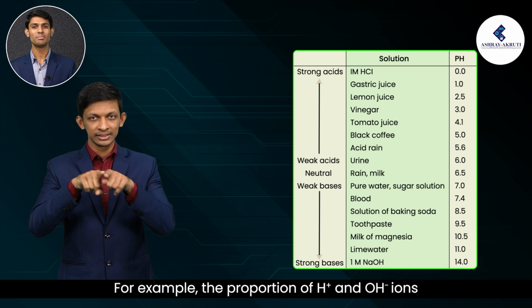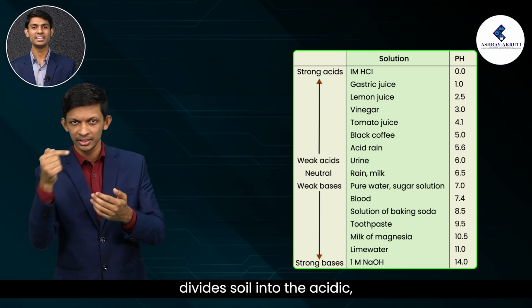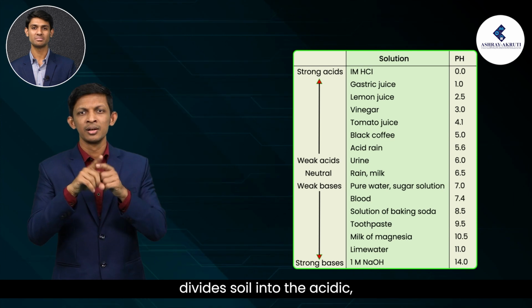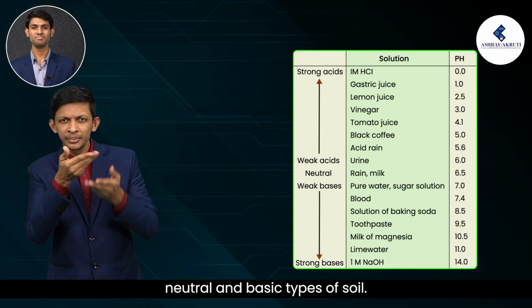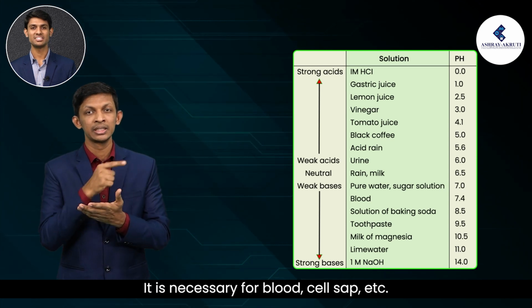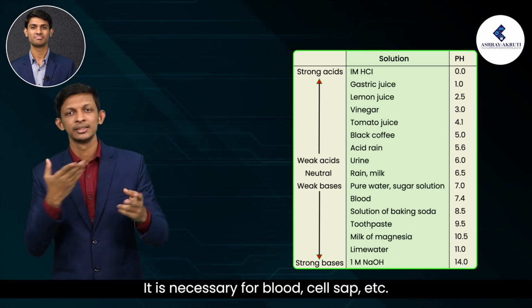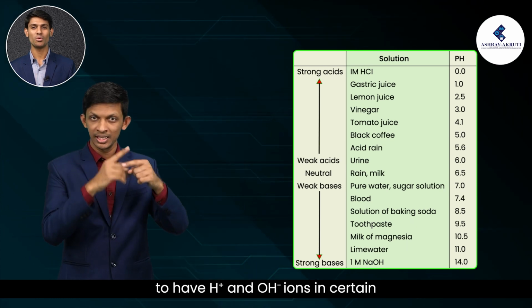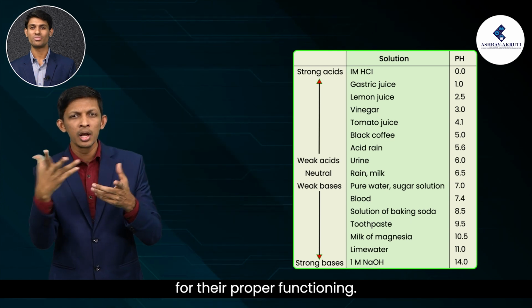For example, the proportion of H plus and OH minus ions divides soil into the acidic, neutral and basic types of soil. It is necessary for blood, cell sap, etc. to have H plus and OH minus ions in certain definite proportions for their proper functioning.